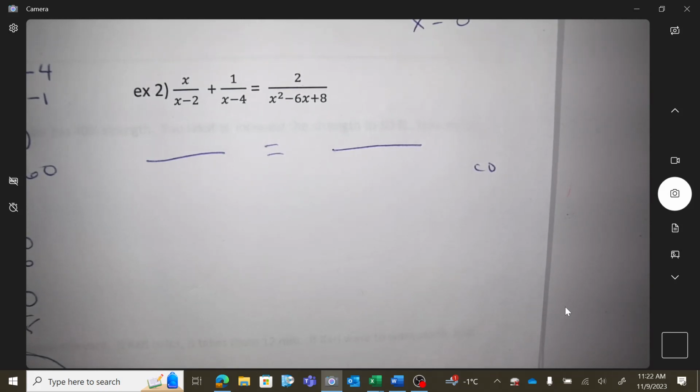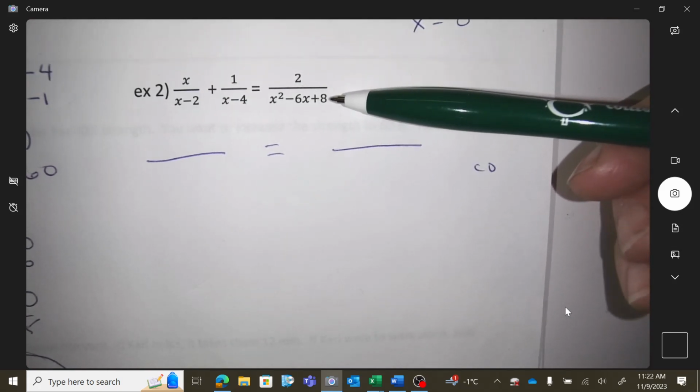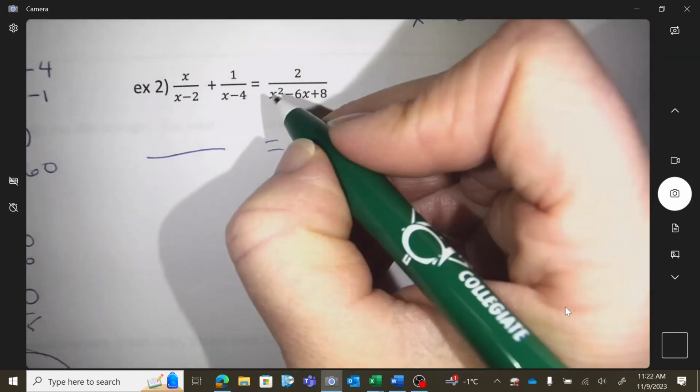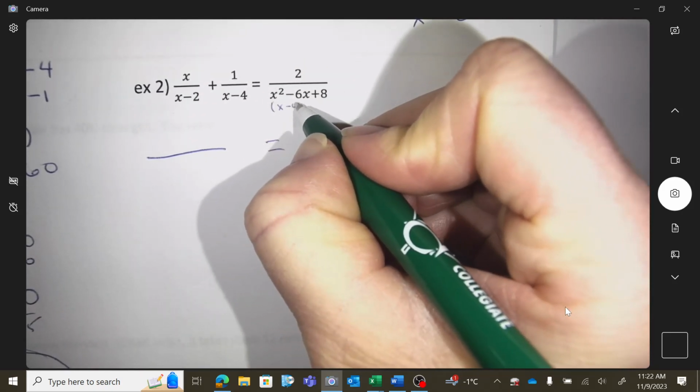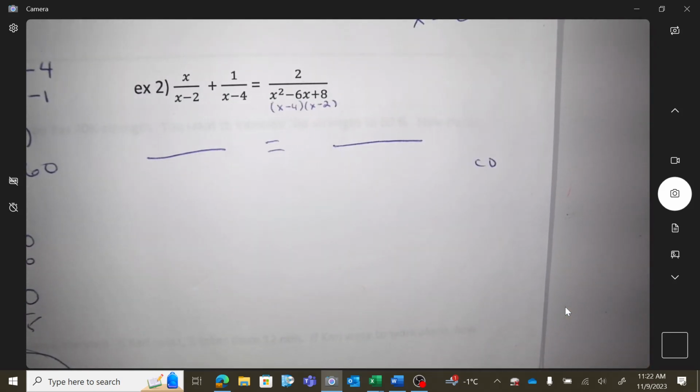Okay, before I do that, can you give me this factored? Can you factor this? Okay, what do I want to put in my bottom?